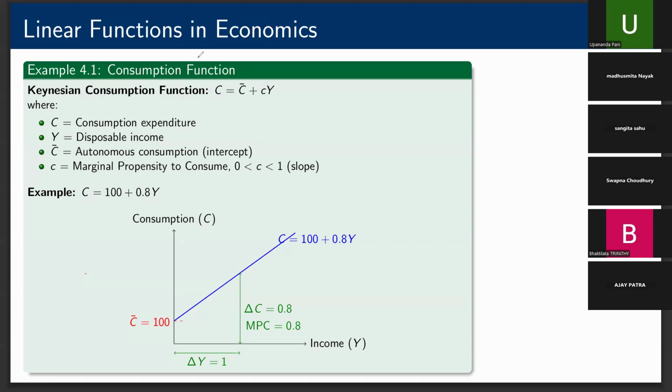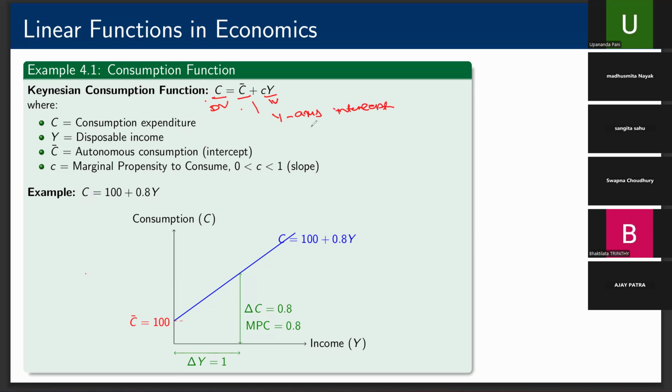Here the consumption function is C equals C bar plus small c y. In this function, C is my consumption, the dependent variable, and y is my independent variable. Now, what is this C bar? In mathematical terms, this constant is known as the y-axis intercept.